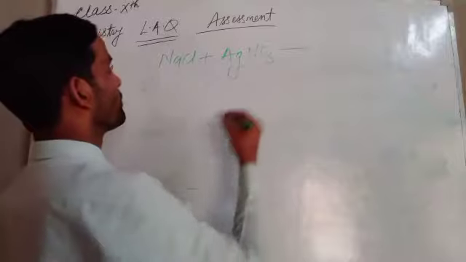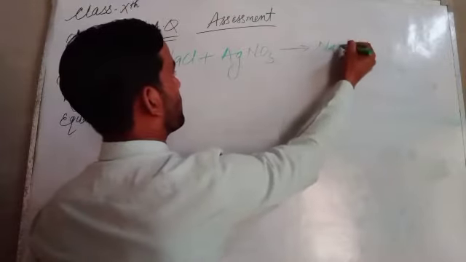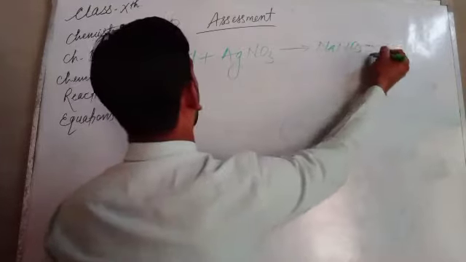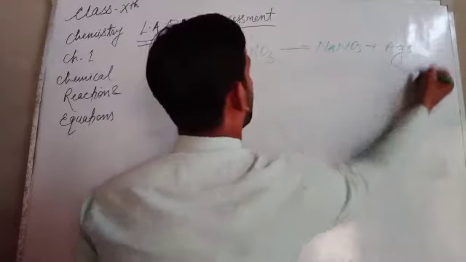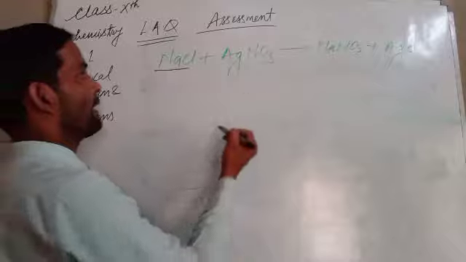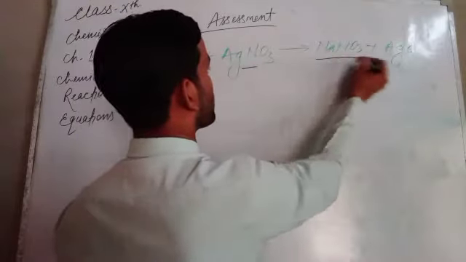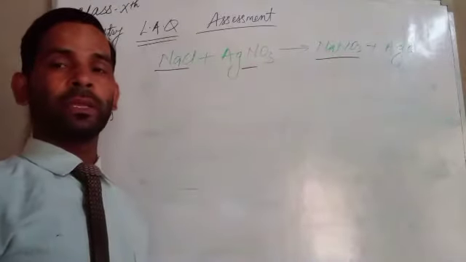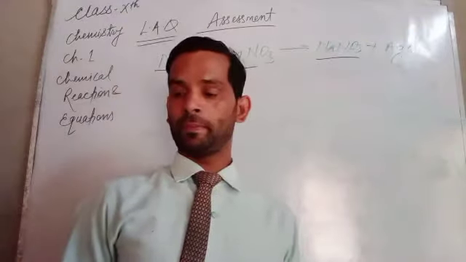This will form NaNO3 plus AgCl, silver chloride.